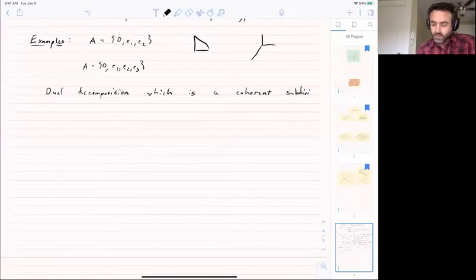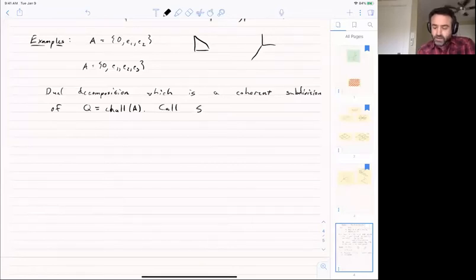of the convex hull of A. This is a polytope decomposition, and so we'll call this S, S beta. And there's a bijection between these.